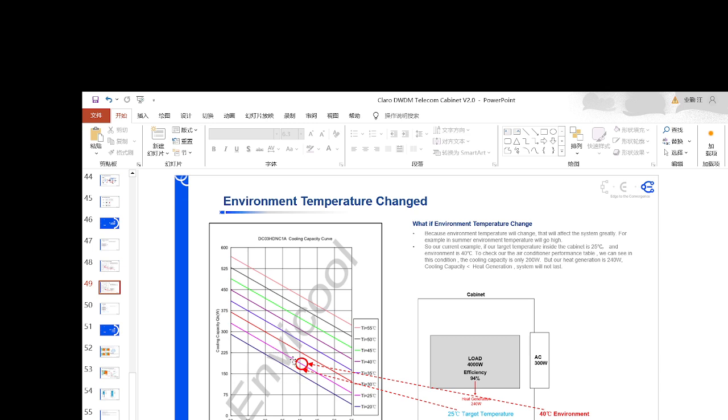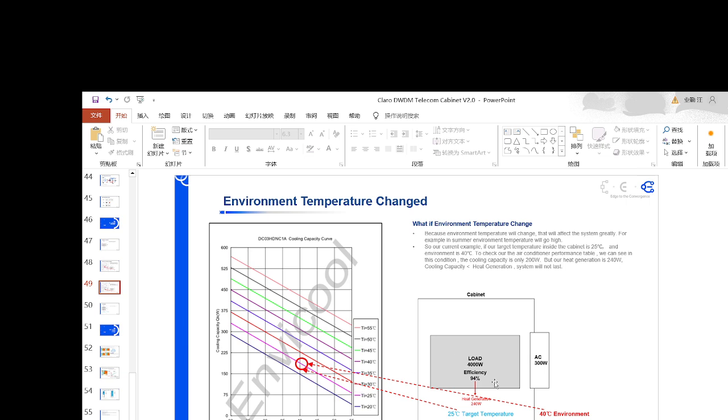Now we go back to our case. Here we have a load of 4,000 watts, efficiency 94%, and the heat generation is 240, right? We can find here that if it's 40 degrees centigrade in the environment, the equivalent cooling capacity for the air conditioner is only 200 watts.